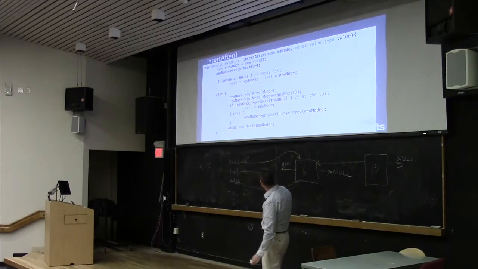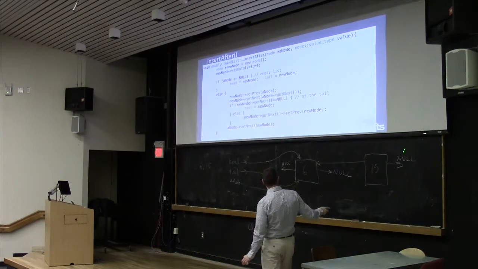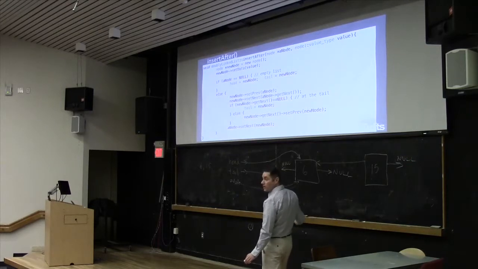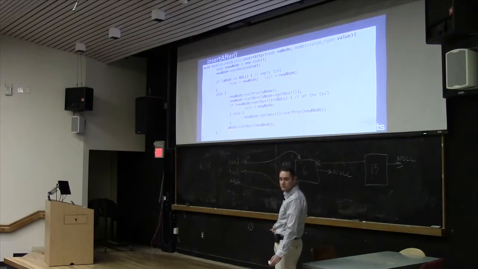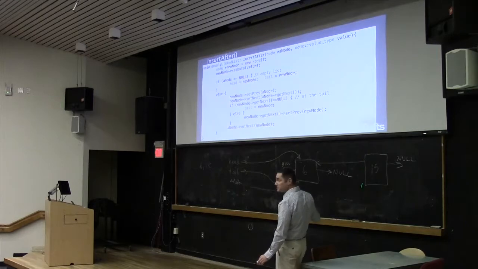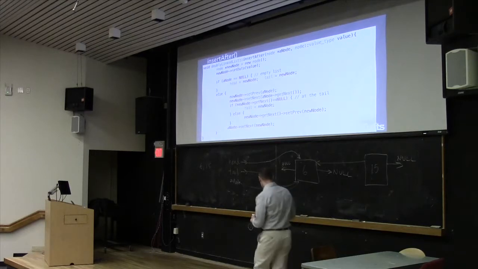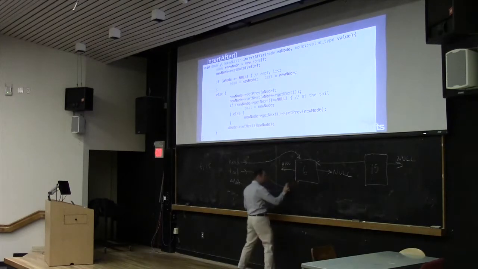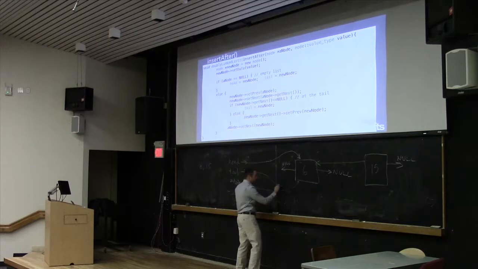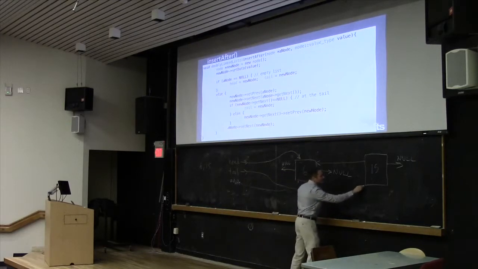Let's look at the next line. OK. So we did that one. If new node get next, that's this pointer right here, is null, where are we? Where does that mean this node has to be? At the tail, right? So we'd better go and update the tail to point appropriately to this one.